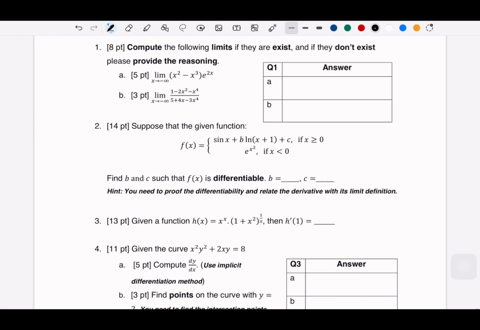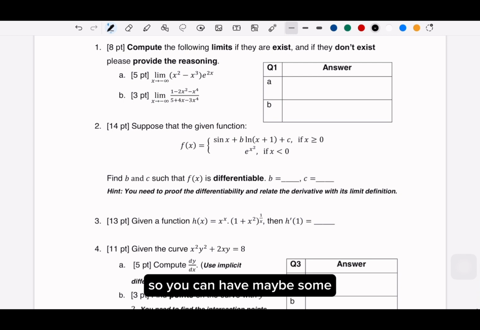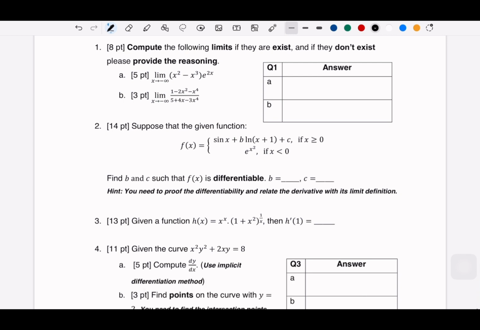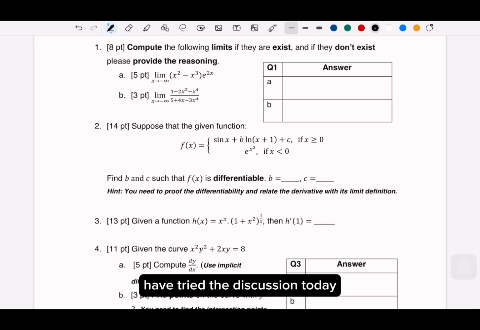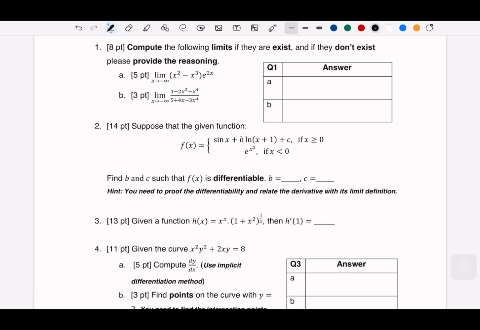Later I will put in the model so you can have more practice. Maybe some questions I'll try to discuss with you today, and some other part will be on Tuesday, or maybe with another midterm question that we can set up.